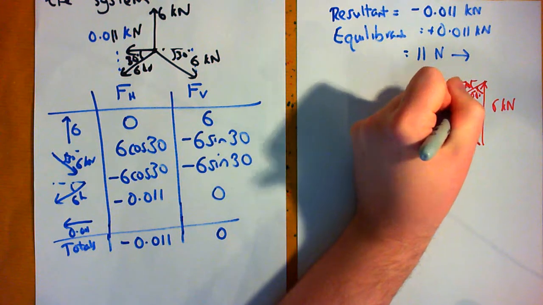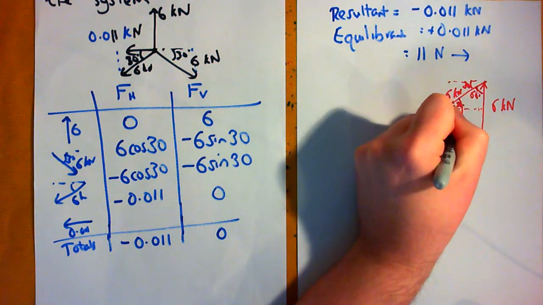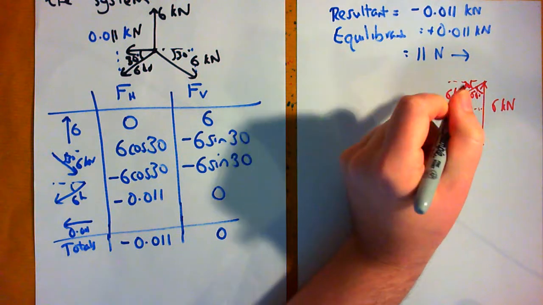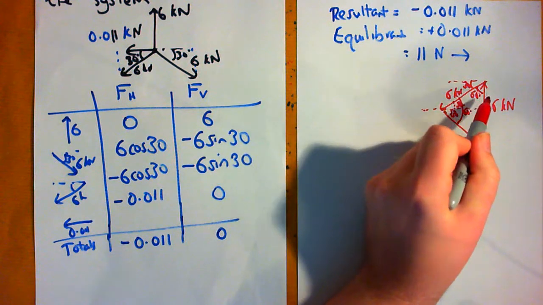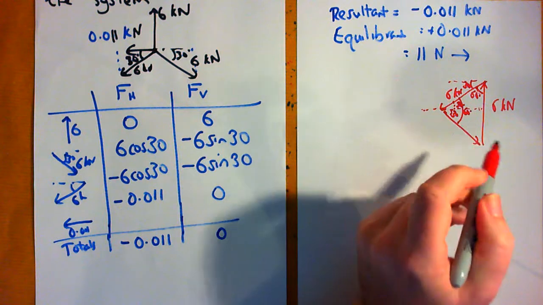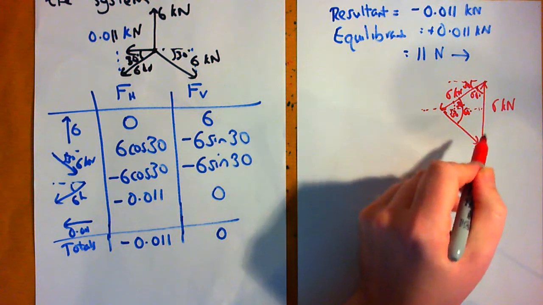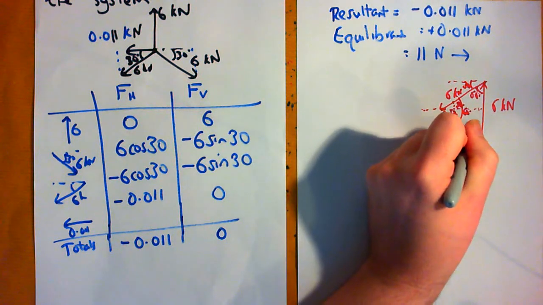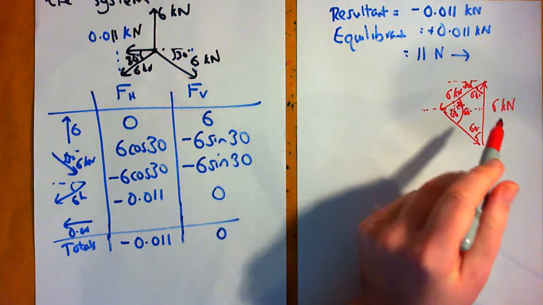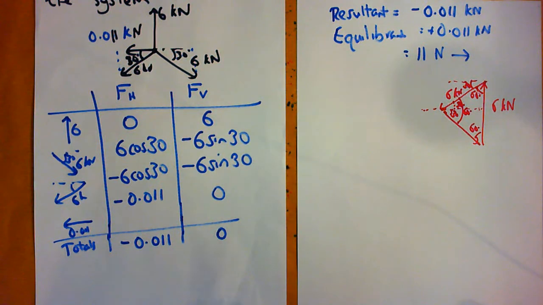So we've got two 30-degree angles here. That means that that angle must be 60 degrees, and since the total angles in a triangle must add up to 180, the third one must also be 60 degrees. So if we draw a vector diagram, the three 6 kilonewton forces here make an equilateral triangle.